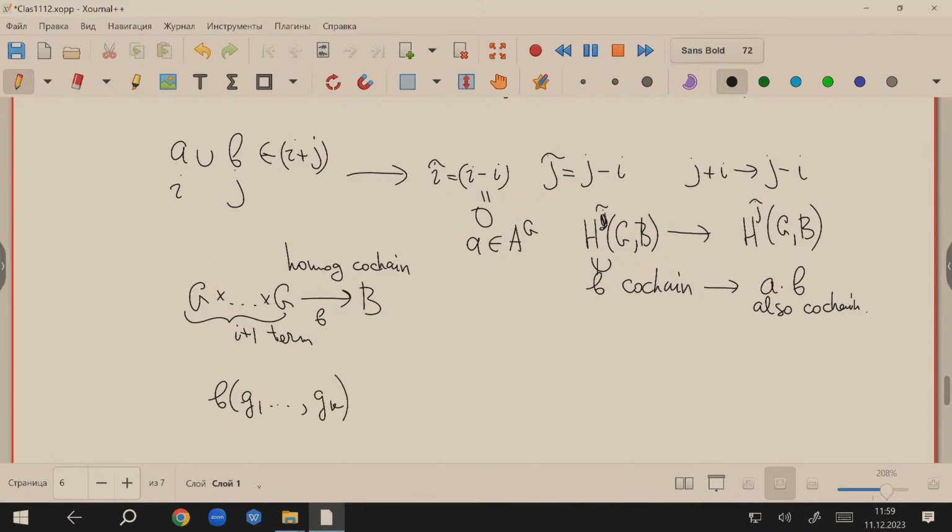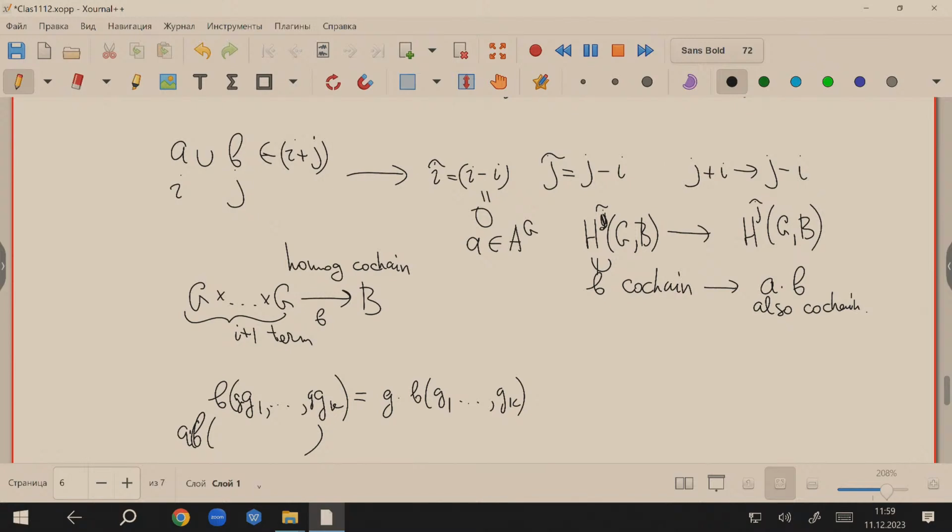You have the condition of being homogeneous, so the only thing you should check is keeping homogeneity, because this is G times B(G1, ..., Gk). But for an invariant, it is clear that you can plug in the invariant here. Just multiply this function by the invariant, and we'll keep the chain invariant.